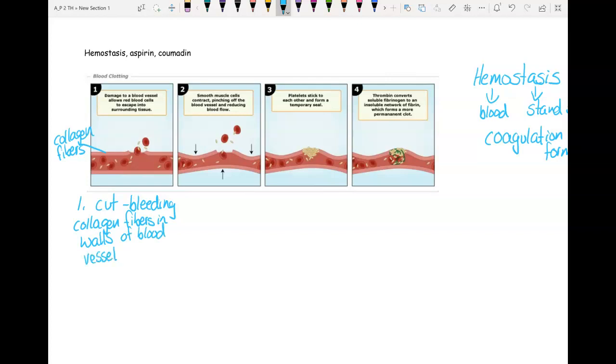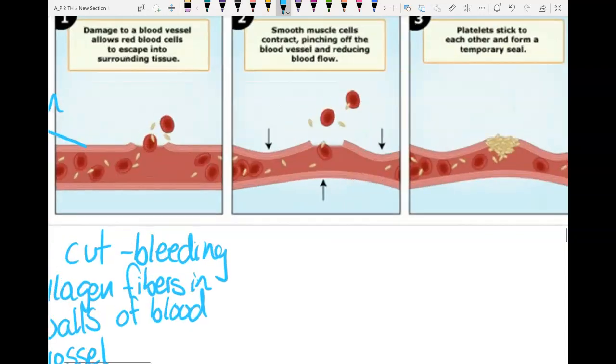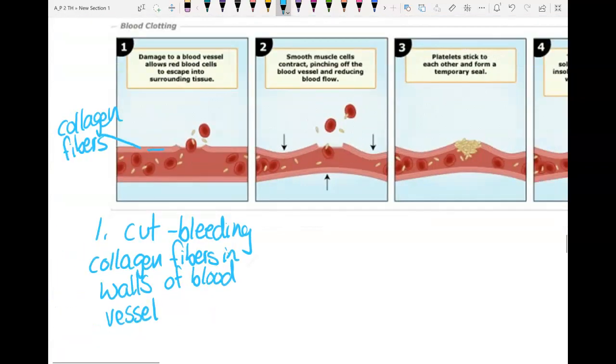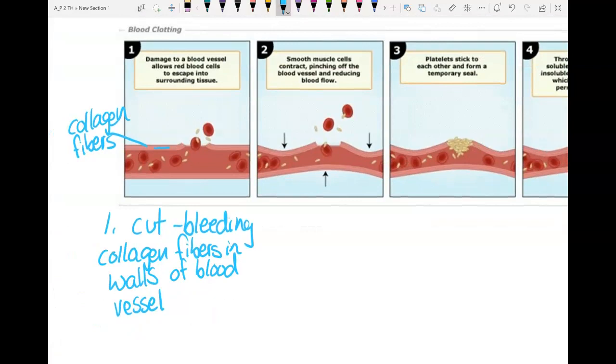As long as your blood vessel is intact, those collagen fibers stay inside, right? Nothing is contacting them. The walls of the blood vessel are very smooth and slick. So out here, it is very smooth and slick.